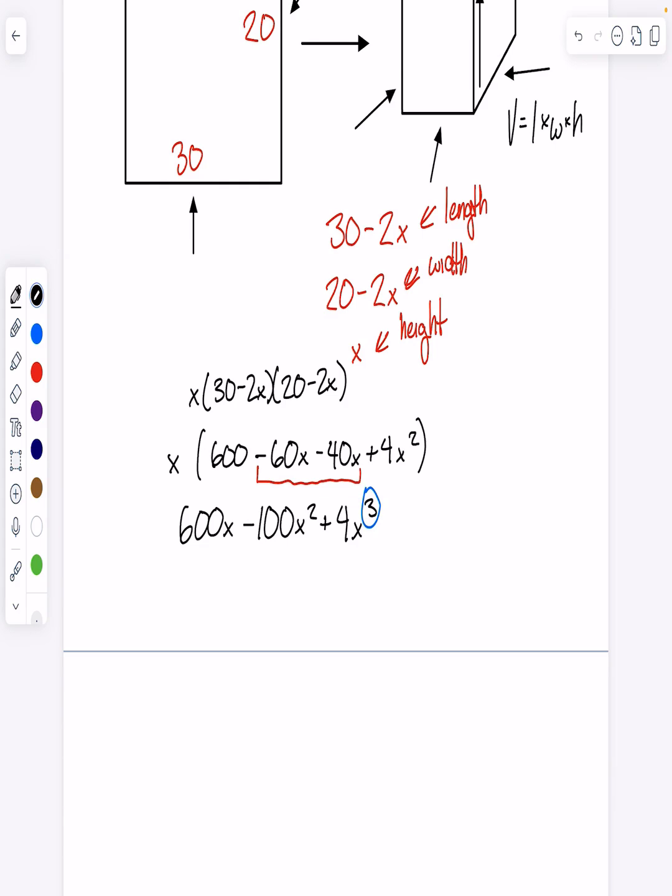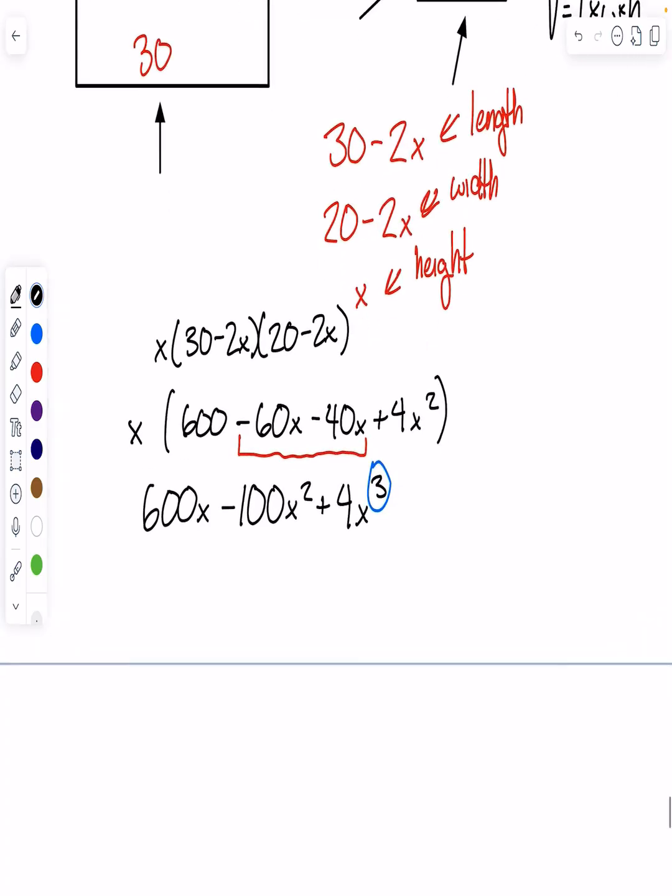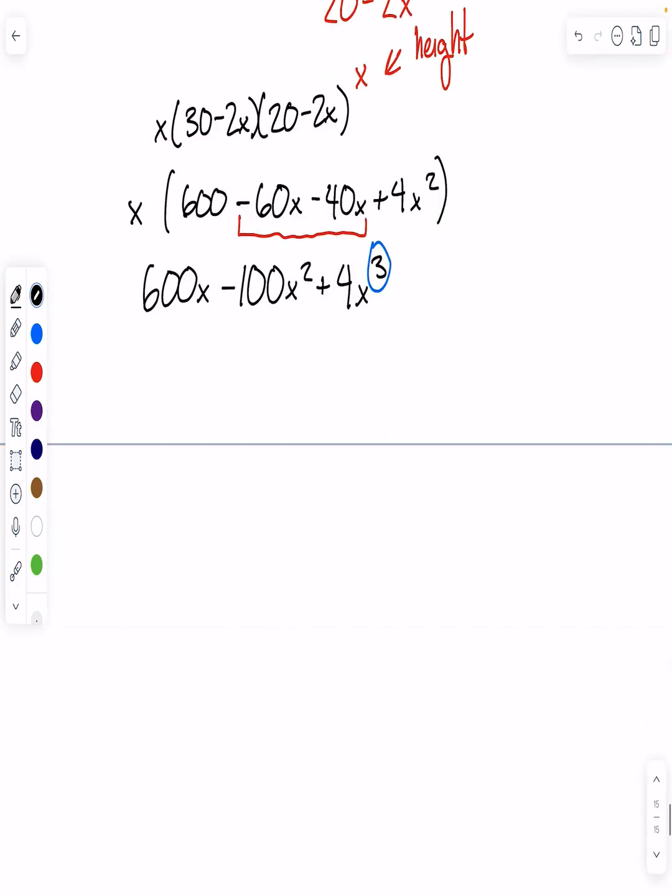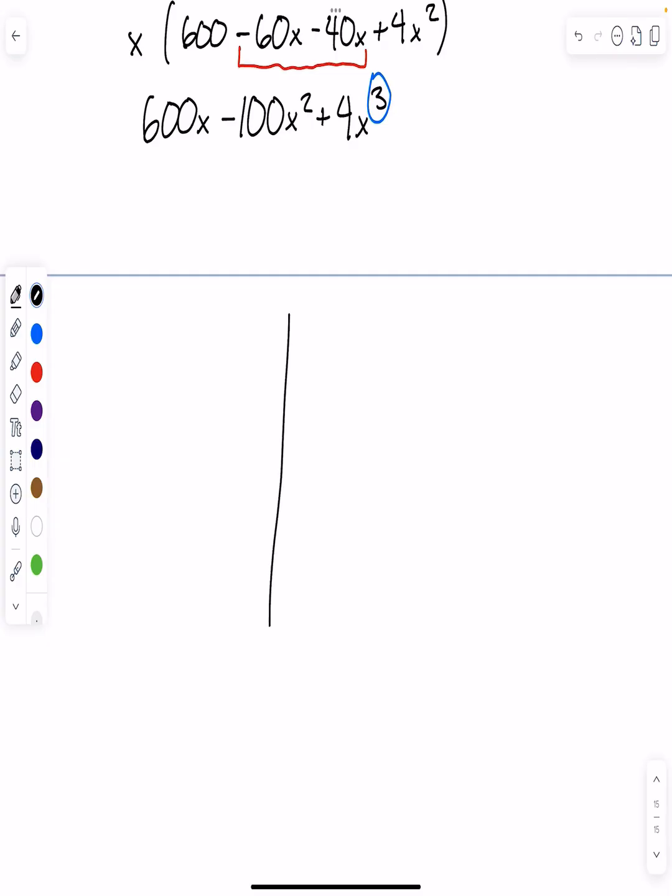So it's asking me to figure out what are all the possible input values that I can have to ensure that I can create a box out of my 30 by 20 cardboard sheet. Let's think about this contextually. If I want to find relevant domain, all my possible input values.